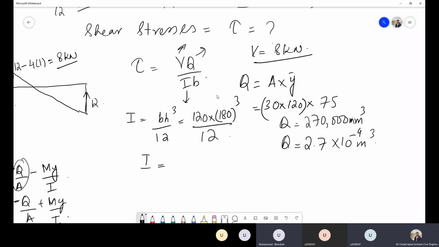Sir, 5.832 into 10 power minus 5. 5.83 into 10 minus 5 meters.